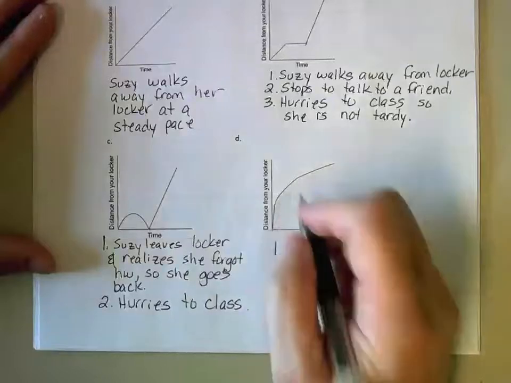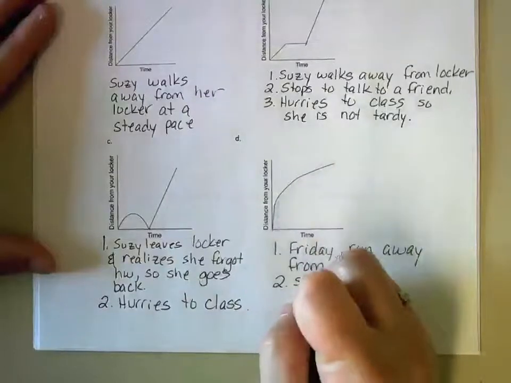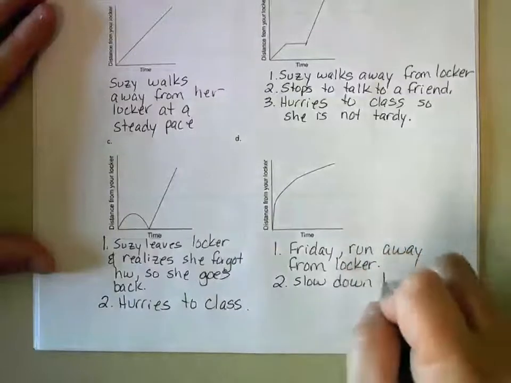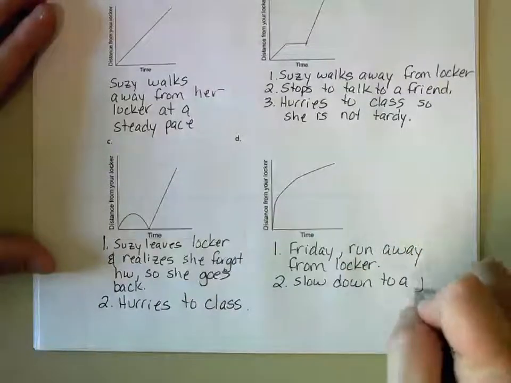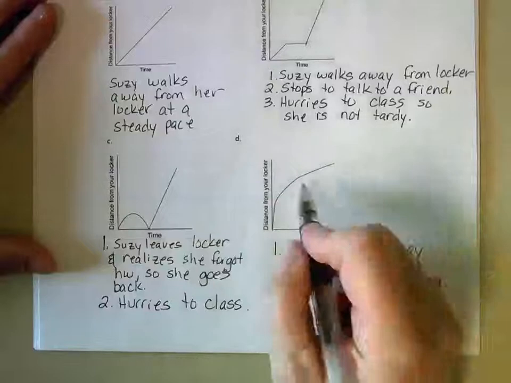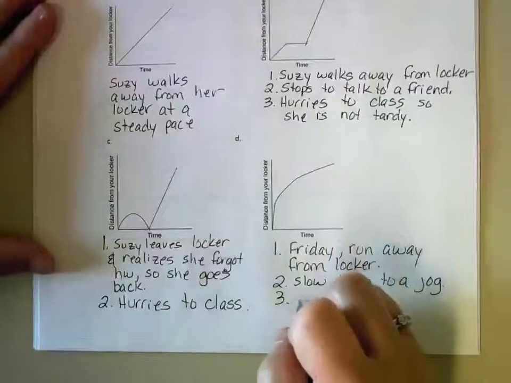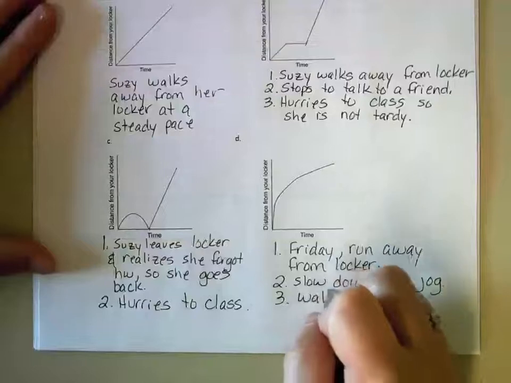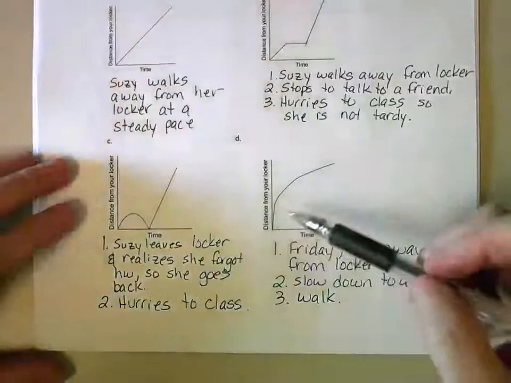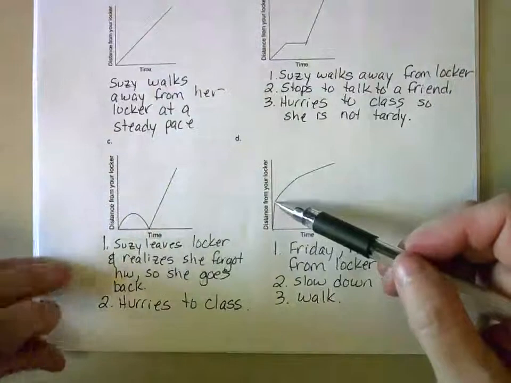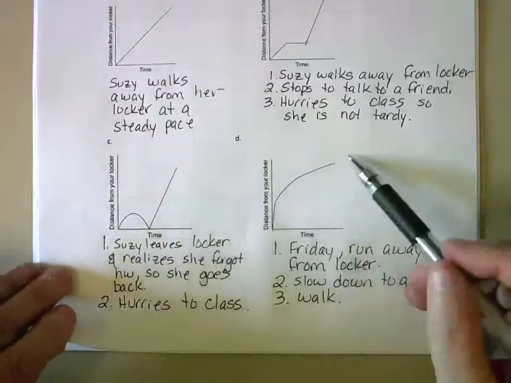And then you get tired, so you slow down a little. Maybe slow down to a jog. And then the third one, it flattens out more. So then you are more tired and you start walking. And the key idea is you leave very quickly and then slow down a little bit and then slow down a little bit more.